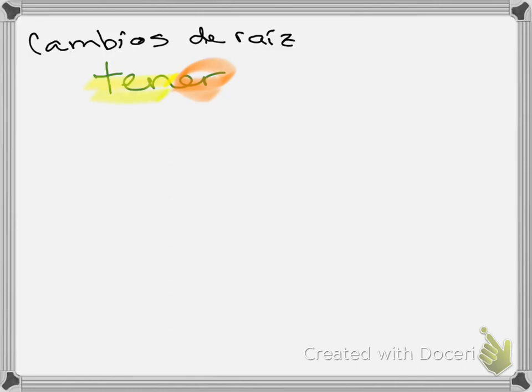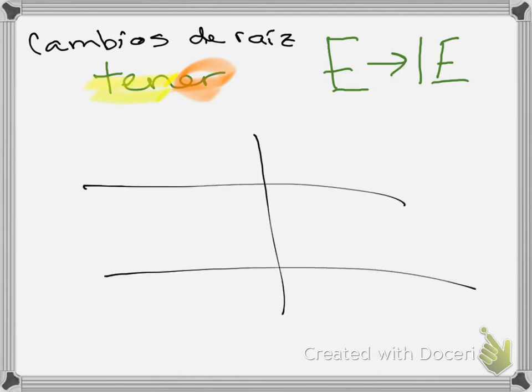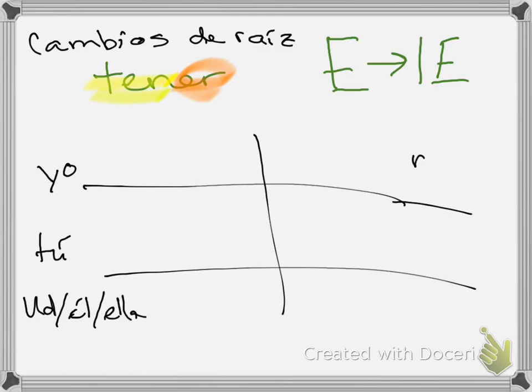See? So hoy vamos a hablar de cambios de raíz, changes where my E turns into an IE. Okay? El E a IE. Those are my cambios de raíz. So once again, I have my chart, right? We've seen this chart a lot. We've got yo, we've got tú, we've got usted, él, ella. We have nosotros.